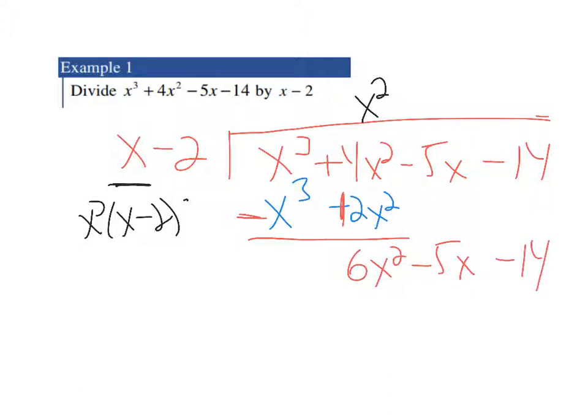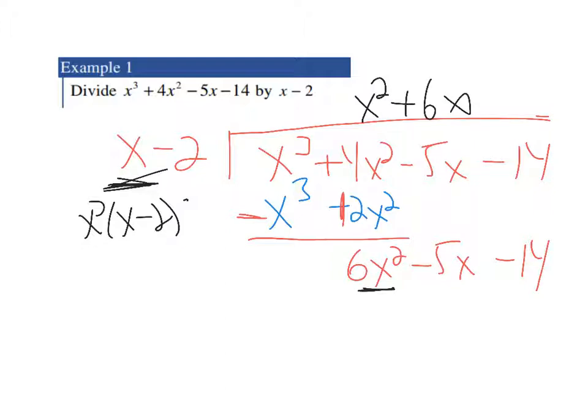And then I'm going to repeat the process now. So what times x is 6x squared? Well, that is 6x.